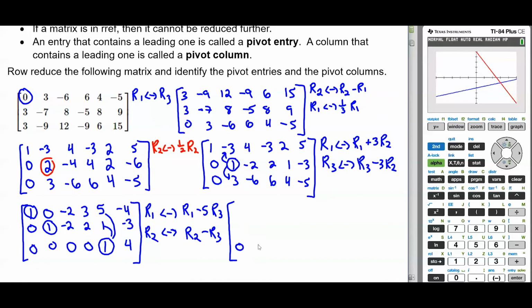So the last row does not change. First row, row 1 minus 5 row 3. The first 4 entries, I'm just subtracting 0, so those will stay the same. And then 5 minus 5 is 0.